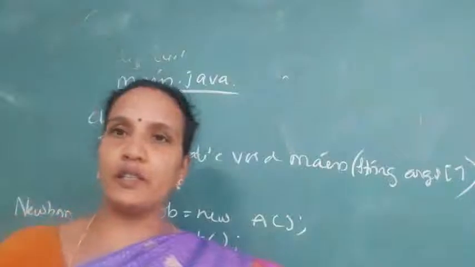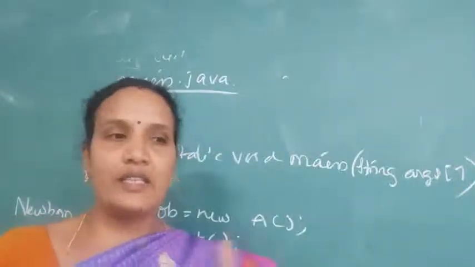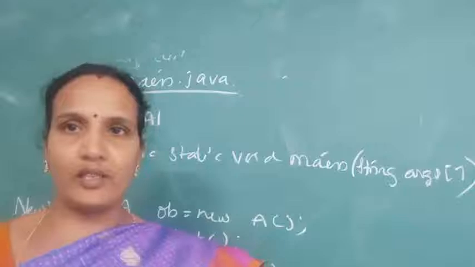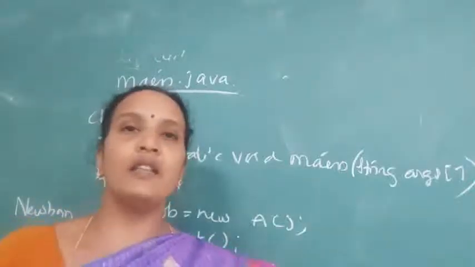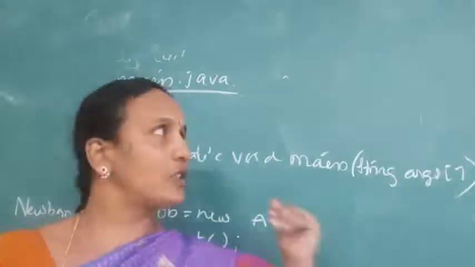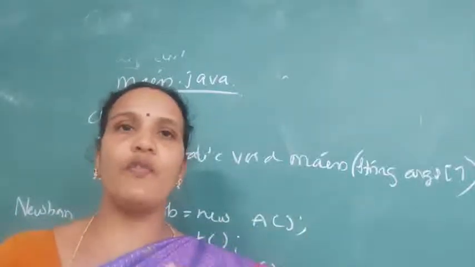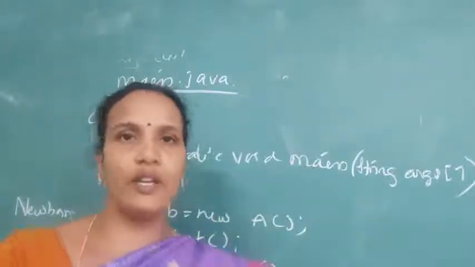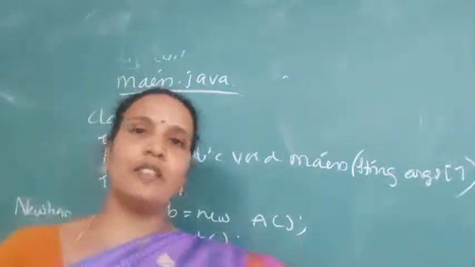So when you create a thread and when you execute a thread, that thread changes from one state to another state. So there are different states, different stages in a thread life cycle. That is our topic today. I will explain the different stages of a thread from starting to ending, meaning from when the thread is created till the thread is executed.